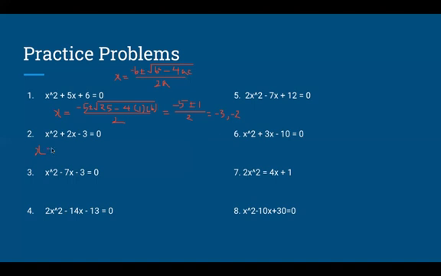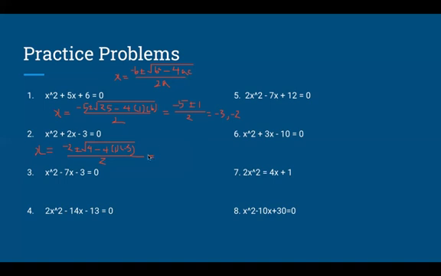For number 2, x equals negative 2 plus or minus the square root of 4 minus 4 times 1 times negative 3, all over 2.